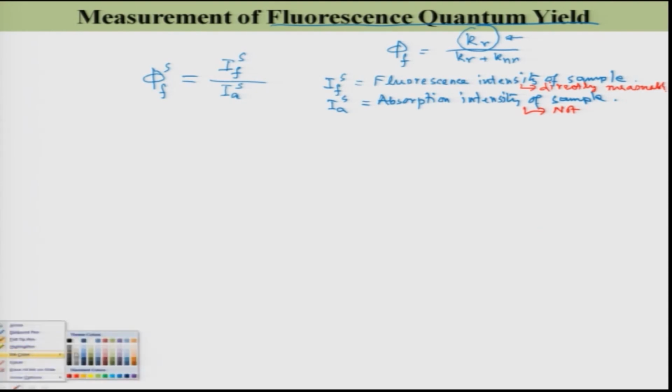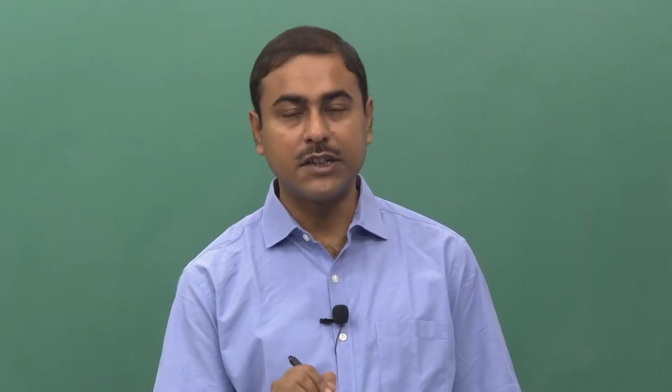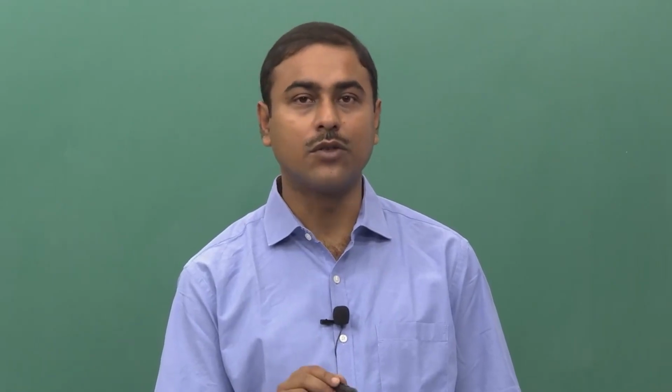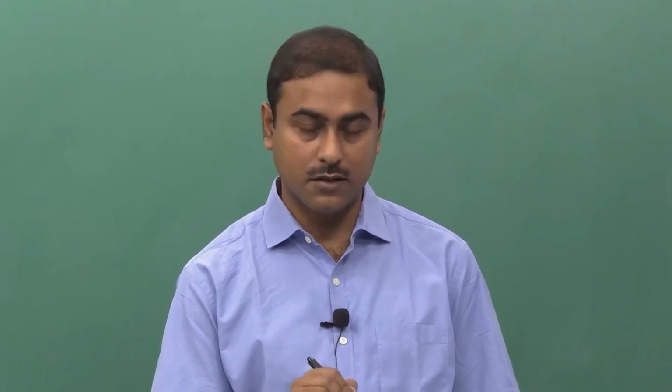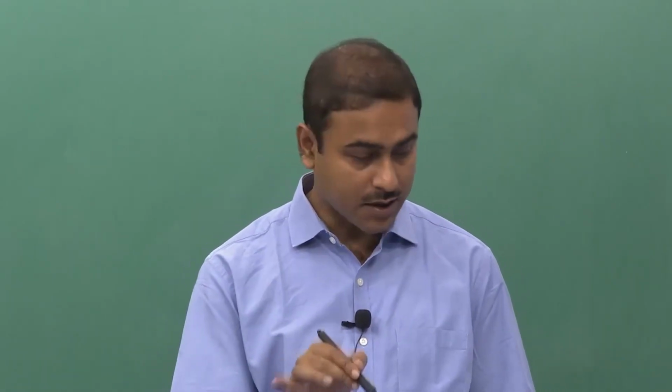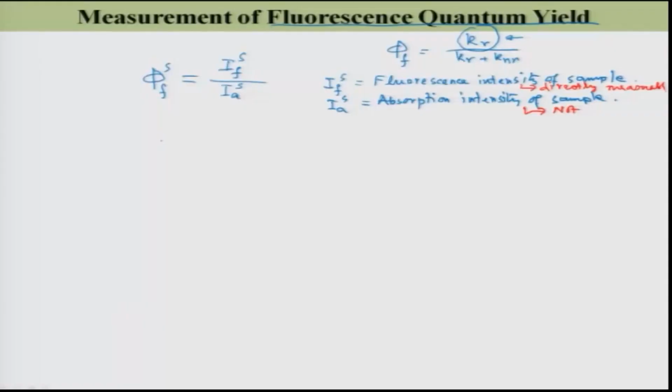Instead of that, if I have another molecule which I call the reference, and for that particular molecule the fluorescence quantum yield is known beforehand, right. So, let me take another molecule with phi reference, phi FR, right. This is the fluorescence quantum yield of a known molecule, which is referred to as the reference molecule, right.